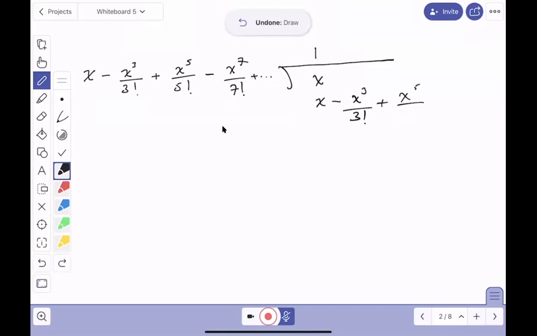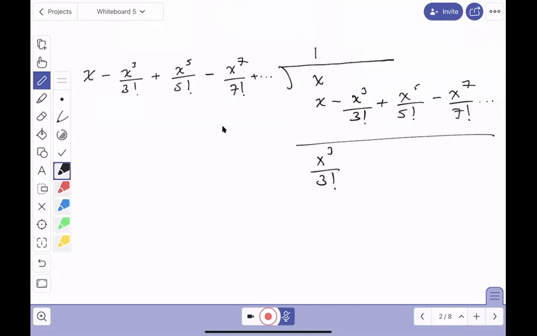Damn, I'm really making a lot of mistakes here, aren't I? All right, let's subtract. What do you get? x cubed over 3 factorial minus x^5 over 5 factorial plus x^7 over 7 factorial, yada, yada, yada.